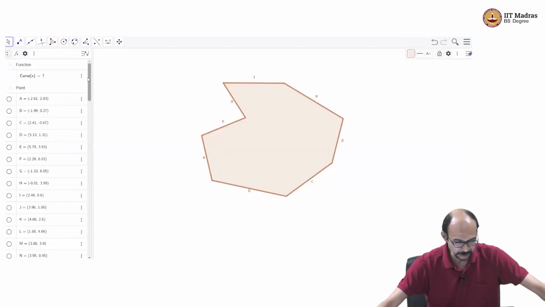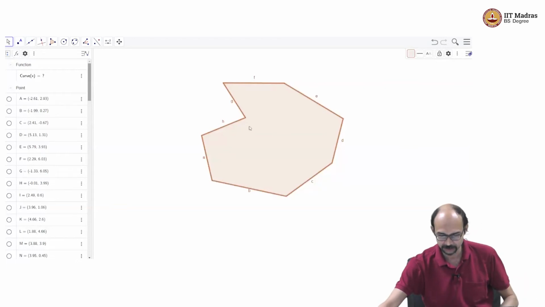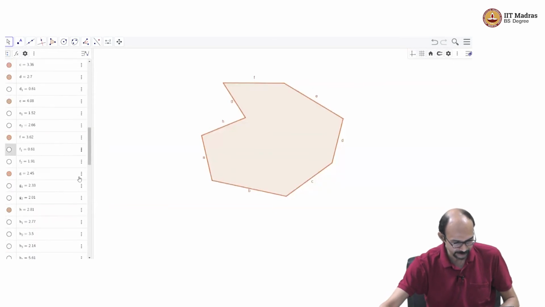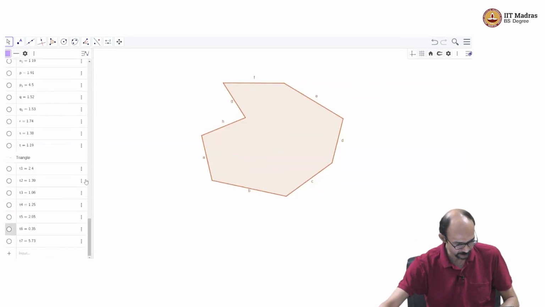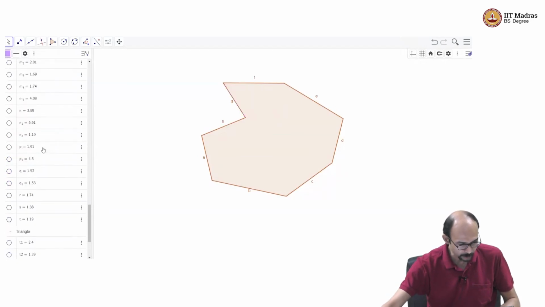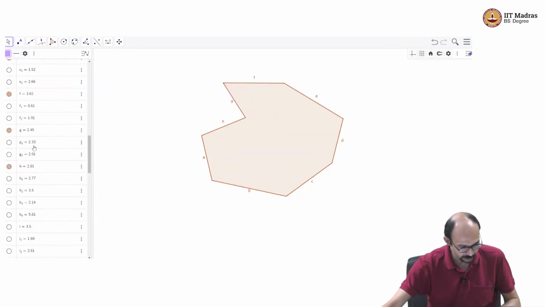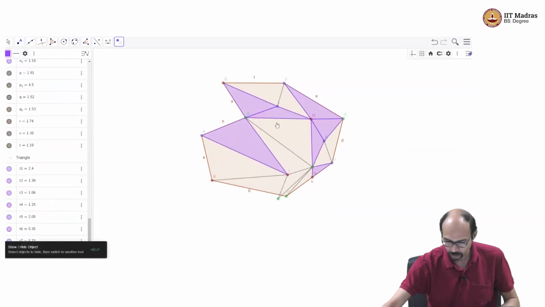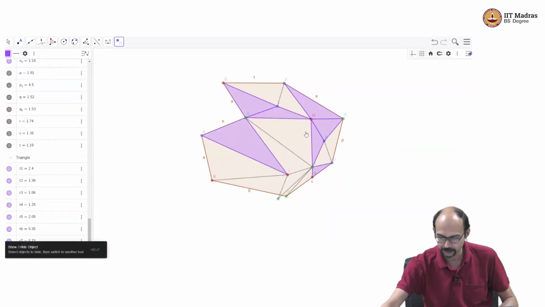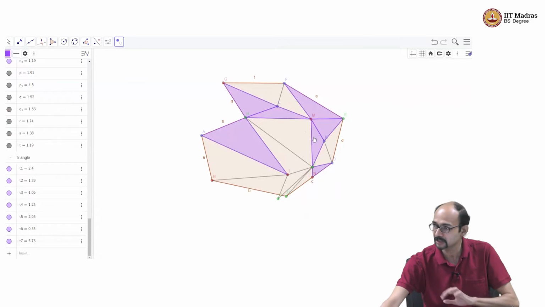So let's do this example in GeoGebra. Here's a polygon, and let's triangulate it. I want to draw the lines so that I get triangles. So here's a triangulation, and I've also colored them red, blue and green.